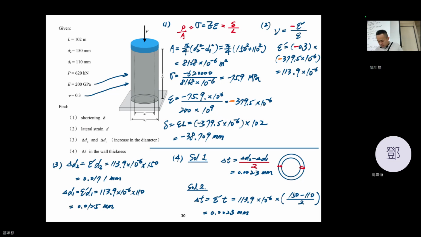Because epsilon is a length change ratio, as long as you multiply by the original length, it will give you the displacement change of that length. I believe you can understand this.